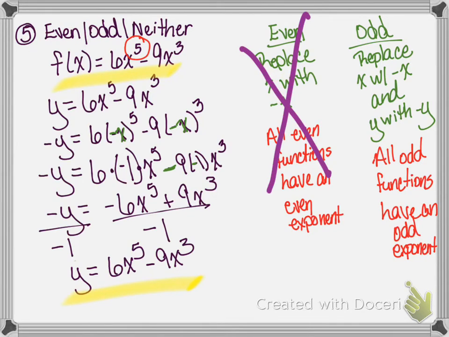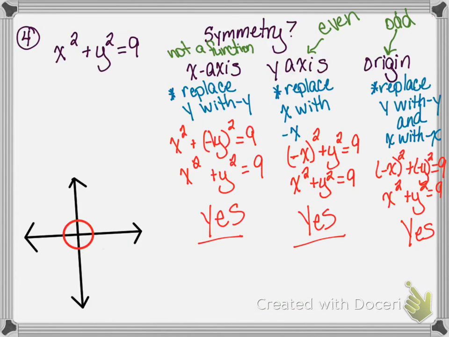Are those the same? Yes. So that means this is an odd function. So my final answer to this problem right here is this is an odd function. And we have tested that algebraically. Yes. Okay. For number 4, the final answer is all yes. You are correct.